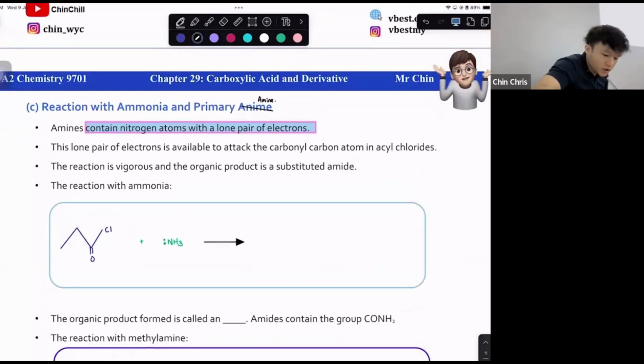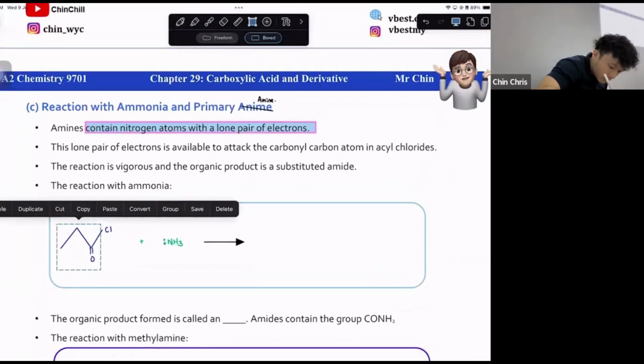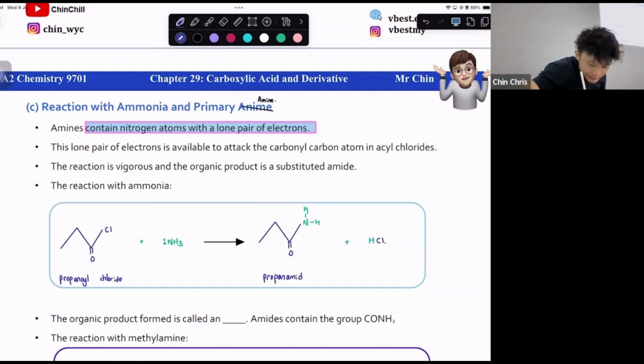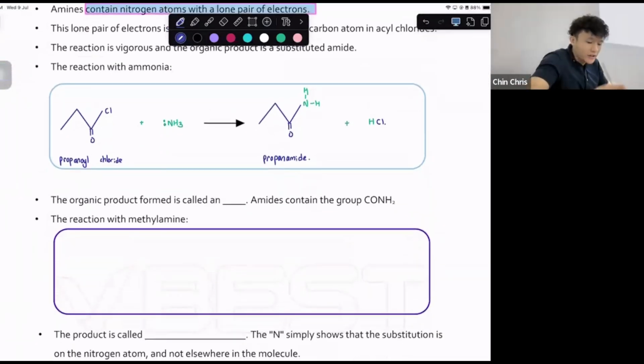From propanoyl chloride, it turns into propanamide. Okay, the organic product is called an amide.